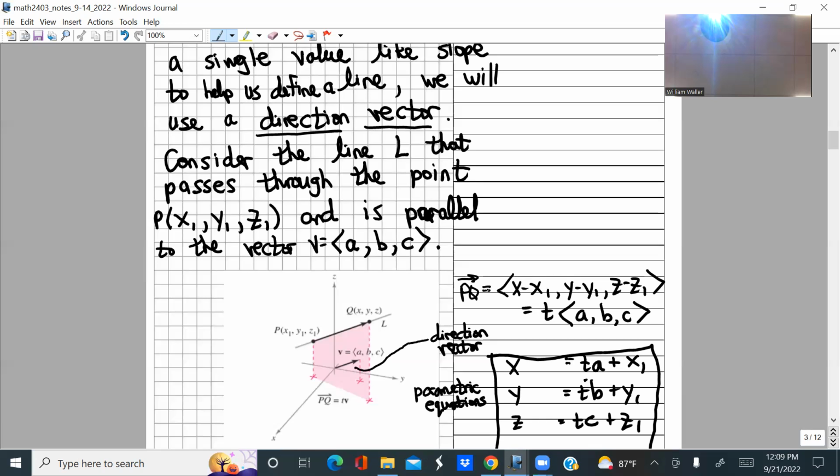So what does that mean? Oh, I think that means the following. Let's write it down here. If these two vectors are the same, that means x minus x1 has to be the same as t times a. And now if you solve that for x, you get x is equal to t times a plus x1.